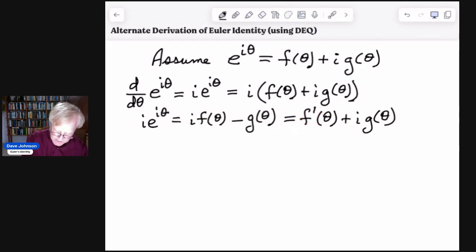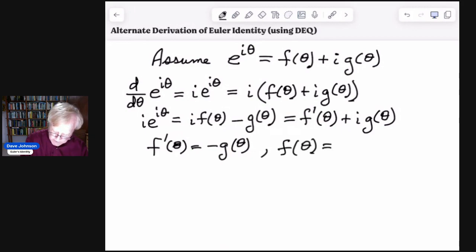So let me write that. So f prime of theta is equal to negative g of theta. And at the same time, we can do the imaginary part. So f of theta is equal to, and that should be a prime here, g prime of theta.